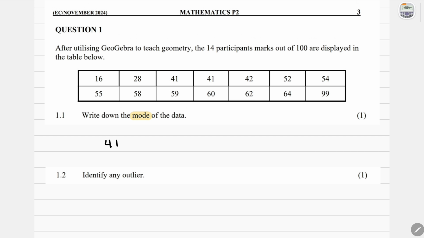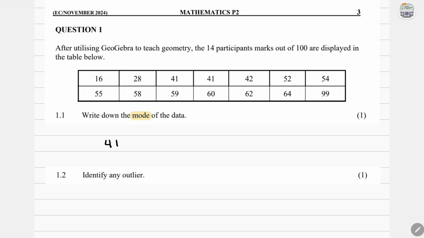In this case, if you look at the way the rest of the points are, 16 is quite smaller than these ones. 28 is also much smaller, but it's not that far away. 16, yes, is still far, but towards the end, 99 is much farther.